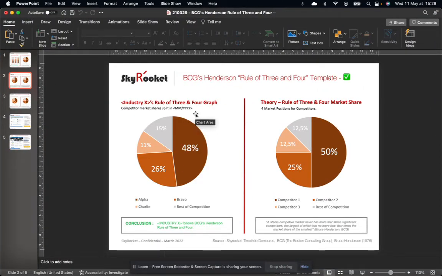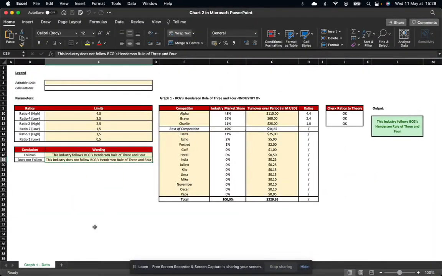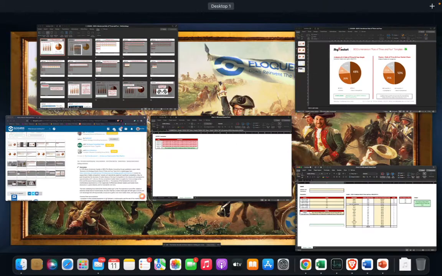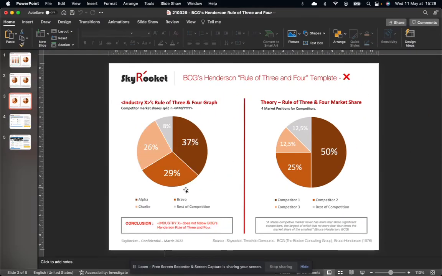It's basically taking a snapshot of a market at a given time and seeing if it respects the rule. As you can see here, it does, because the ratios are the same. We can actually look it up here. Here's the model behind it. You have the competitors, the turnovers, the market shares, and the different ratios, and it follows the rule. And of course, I did a last example where it doesn't follow the rule, so you can see when things don't work out, because it doesn't always happen.